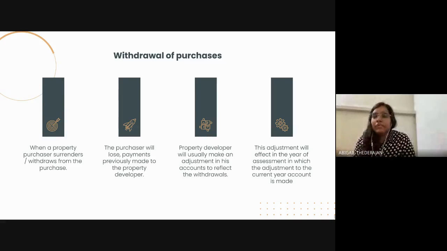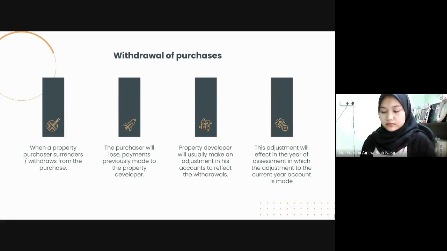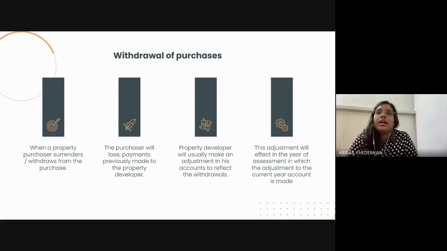Or rather, it's after the tax assessment has been done. So when I withdraw right after the tax assessment has been done, the developer can only write off this withdrawal in their next coming tax assessment.